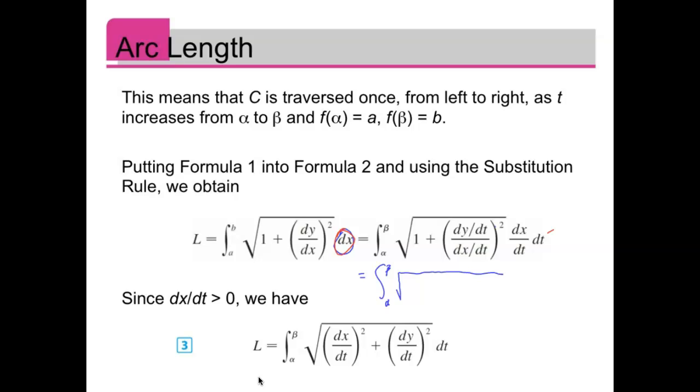So you can see what I would have is 1 plus (dy/dt) squared over (dx/dt) squared.